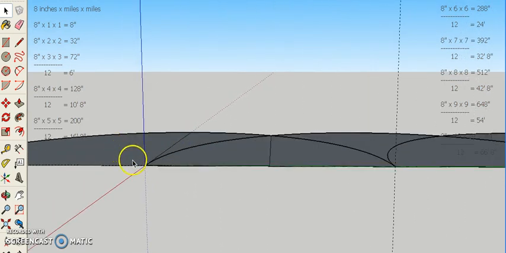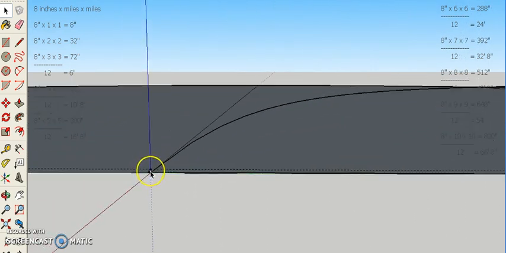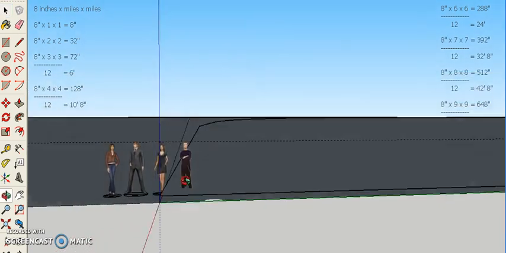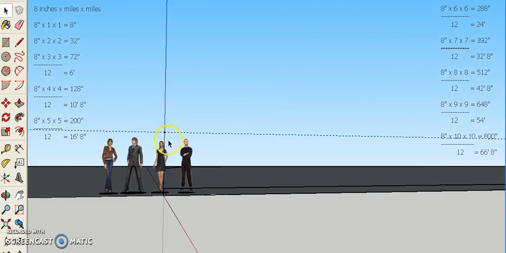From our start point, we have created a 6 foot tall dashed line. This will be our line of sight. From this point, at 6 feet tall, you can look that distance and see all of this.